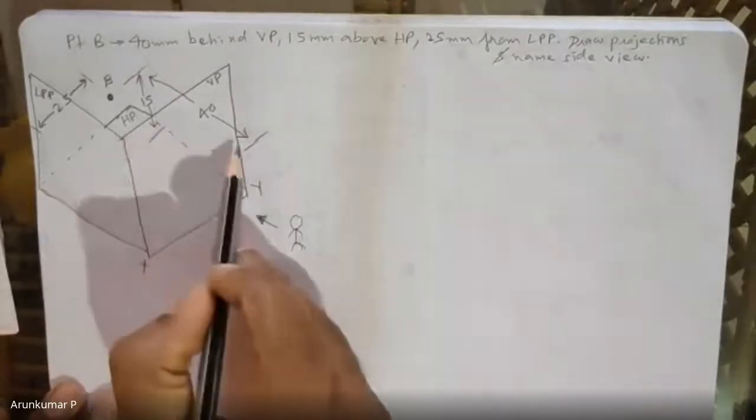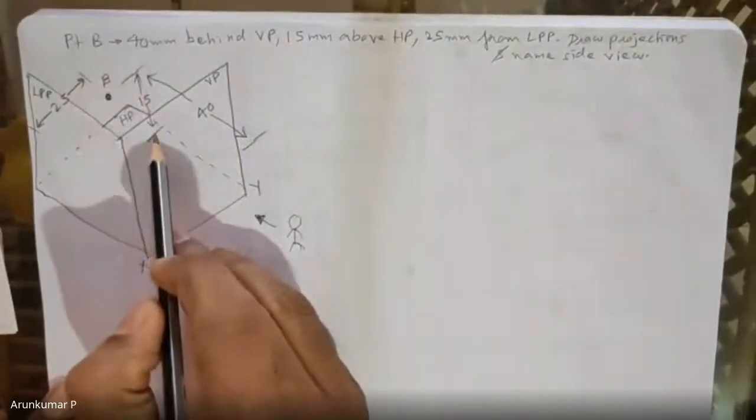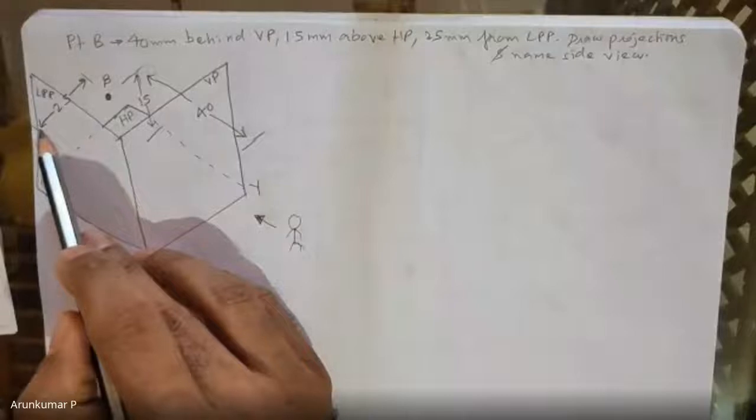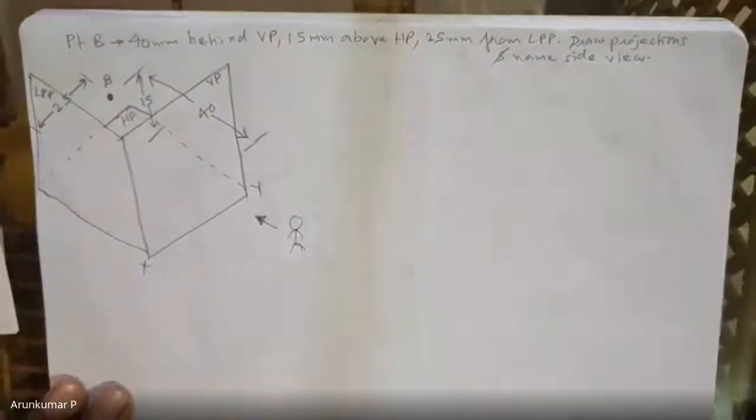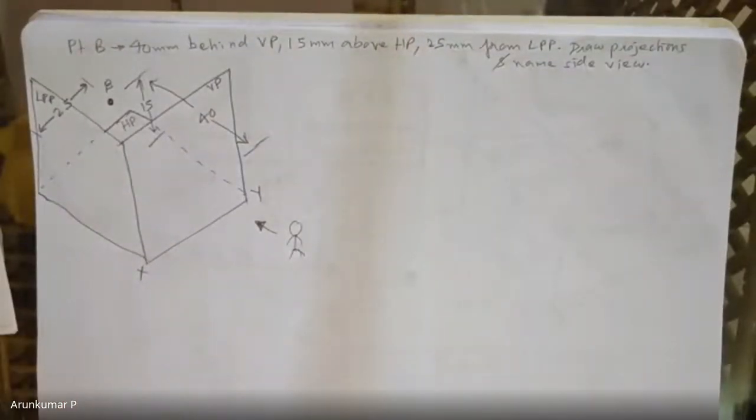Okay, so 40 mm behind VP, 15 mm above HP, 25 mm from LPP. This is the location of the point B.